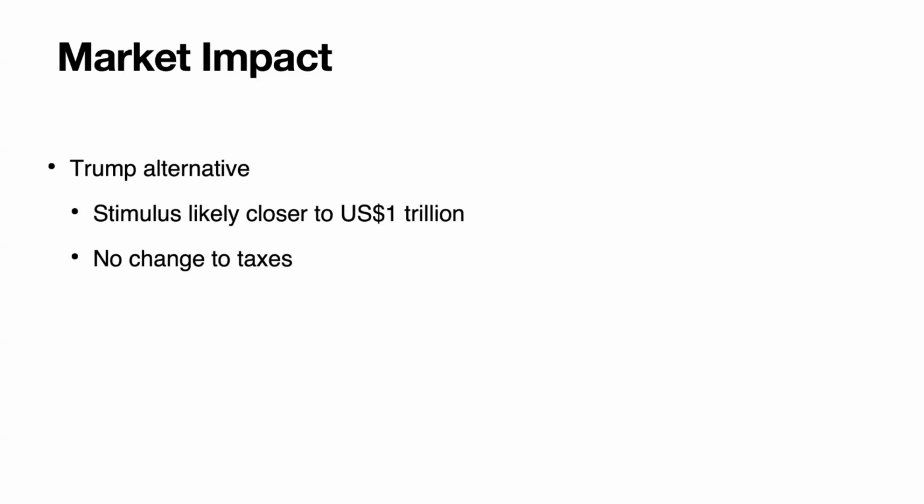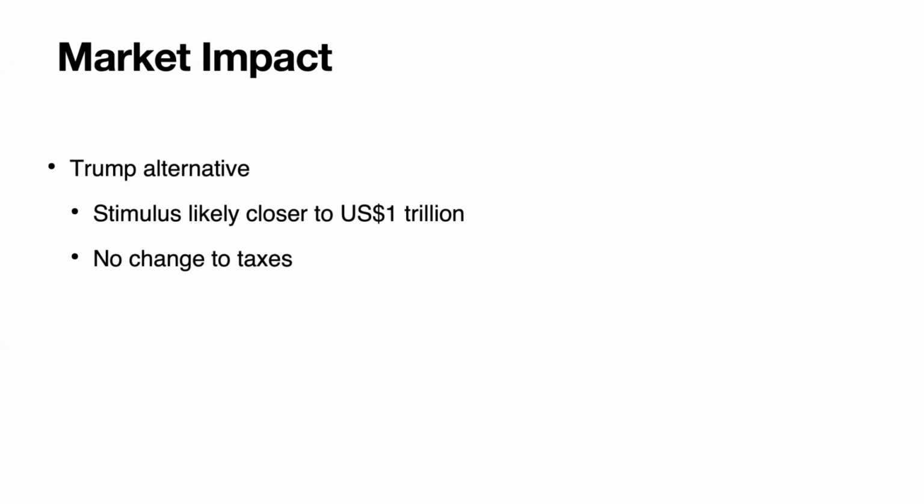Having a look at the next slide now, the Trump alternative. Not many points here because, and this is not a political statement one way or the other, we're expecting pretty much business as usual if Trump does get back in. The stimulus that the Republicans are proposing is closer to US$1 trillion. There's been a little bit of a change in sentiment, I think, certainly from the president on stimulus.